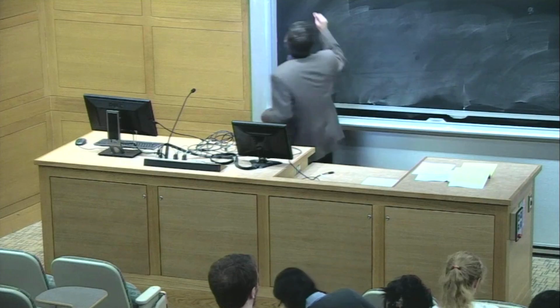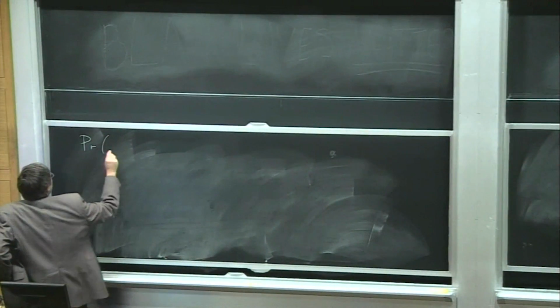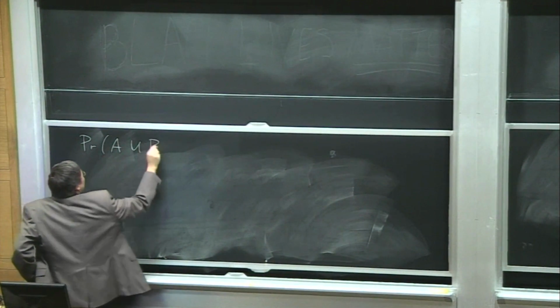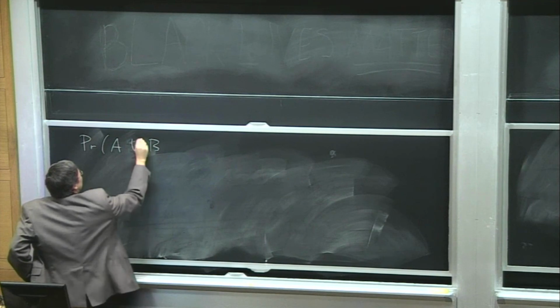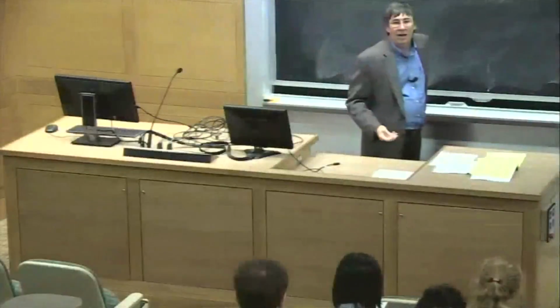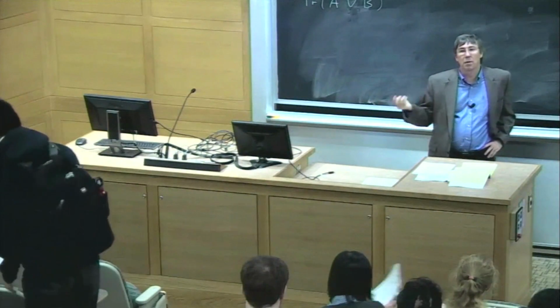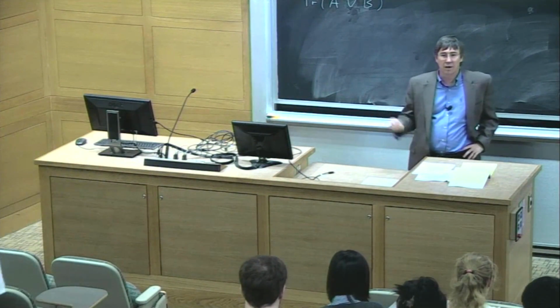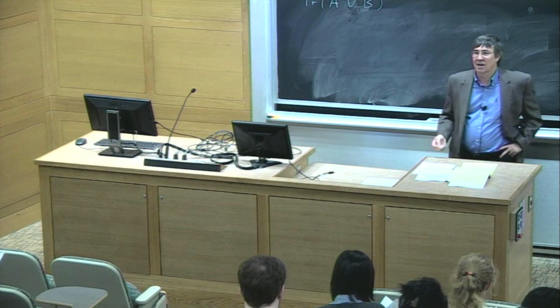So I had you confused a little bit with this formula, the probability of either A or B. I asked what the probability is, if I flip two coins, that one of them would be a head. And I could see a lot of consternation.